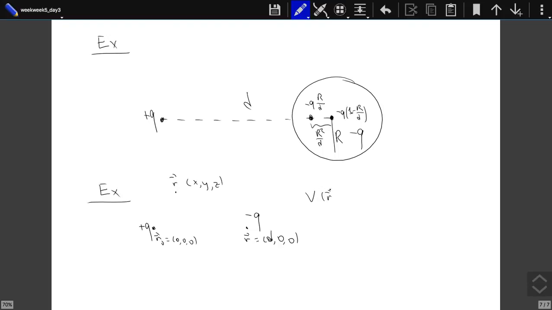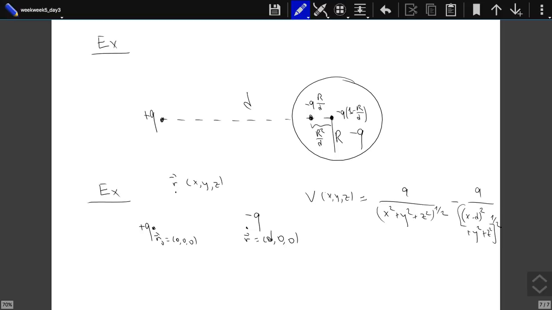Now, the potential at the point R, or x, y, z, is equal to q over the square root of x squared plus y squared plus z squared, minus q over the square root of (x minus d) squared plus y squared plus z squared.